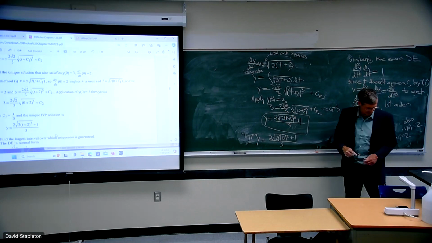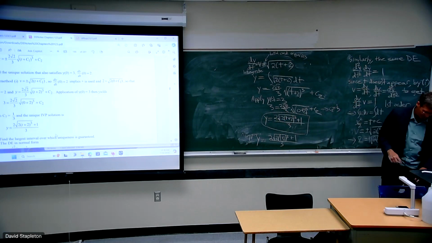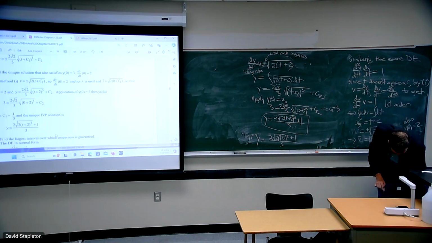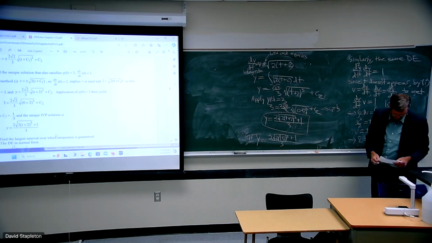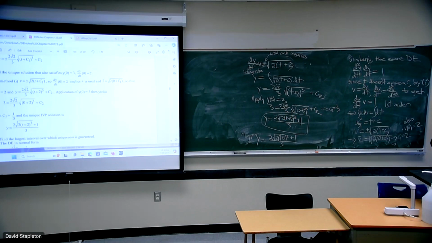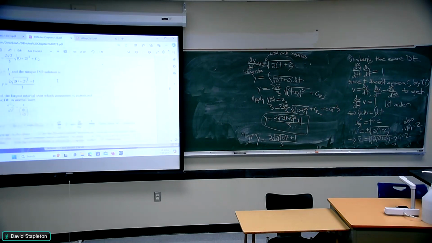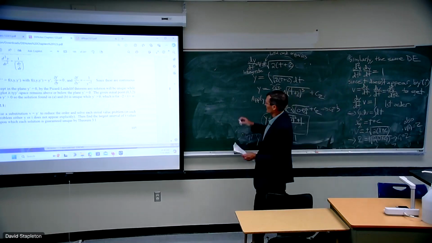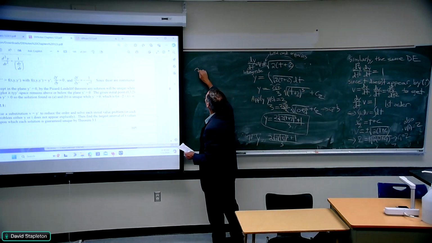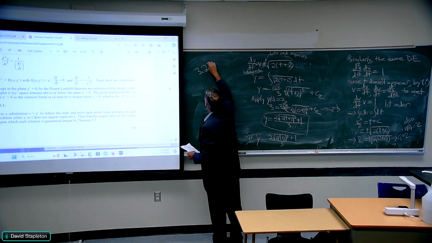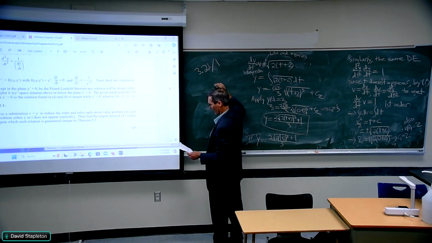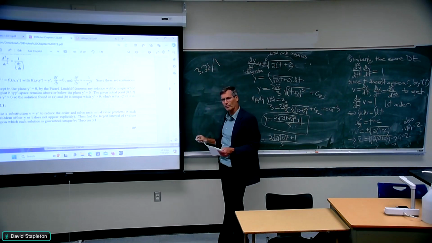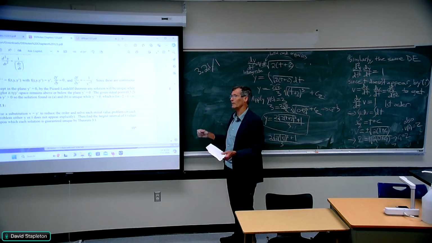Why don't you try some of those, how about? I think this is 3.2.1. I better check this section here. Yeah. Try this for homework. It's 3.2.1. Number 1, on nonlinear differential equations, all the problems there consist of, oh, t is missing.